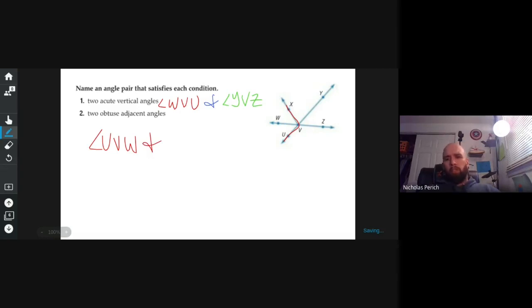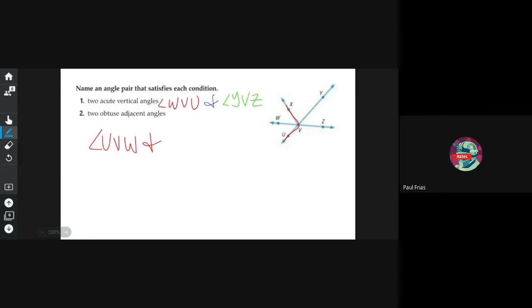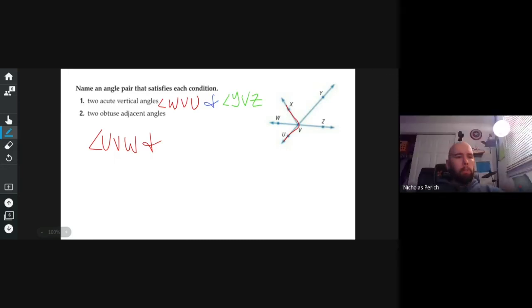And you have to name one that's obtuse and also shares one of those sides. UVZ. Yep, that works. UVZ shares that side right there, and then goes over there, and it's also obtuse. So there were several options that you could have chosen. I could have gone with XVZ. I could have gone with a completely different pair, but that's what I started with. You guys finished it.